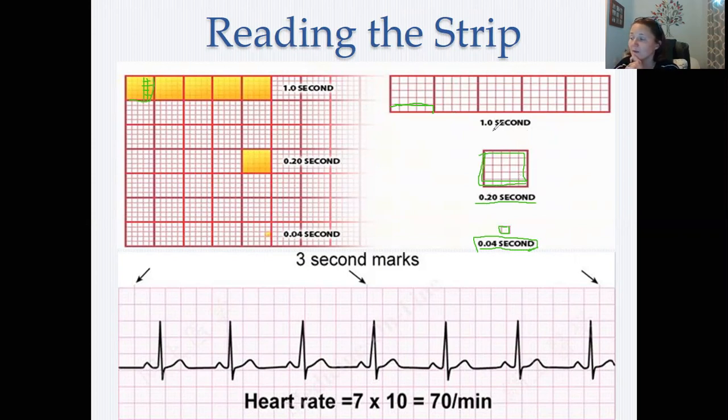Therefore, if you had 5 of these 0.2 second big red squares, this is going to be times 5. So 5 big red squares equals 0.20 times 5, which equals 1 second of time. And we've got that shown out here: 0.04, 0.20, and 1 second. I'm going to talk more about rate in a minute, so I'm not going to get too into this right now.